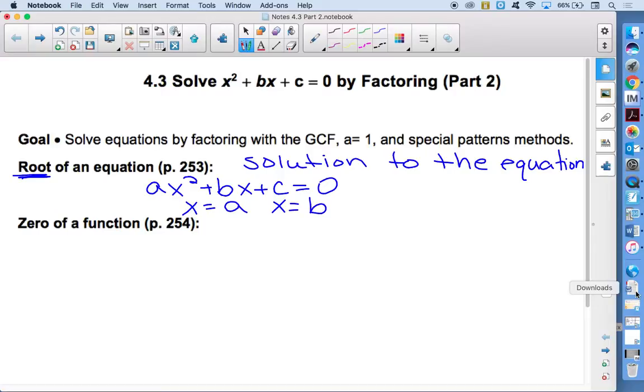The second word underneath is the word zero. A zero of a function, if we're talking about quadratic functions, would be f of x equals ax squared plus bx plus c. Essentially, they're pretty much the same. It's just that one is an equation because it's equal to 0. The other one's a function because it's f of x or y equals. When you're finding a zero, you're finding an x-intercept.